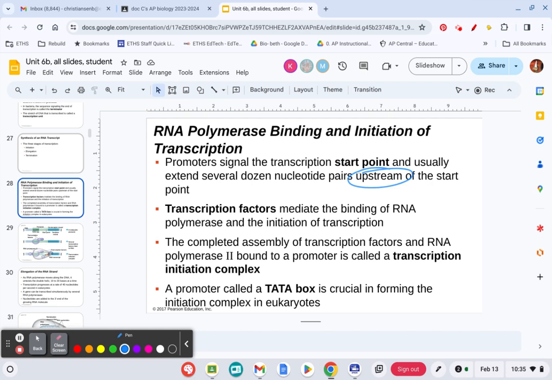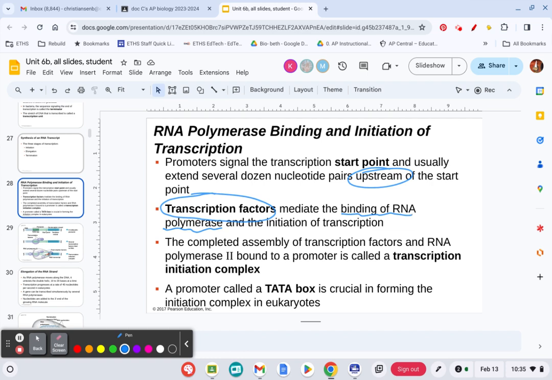It's just a term that is commonly used. There are also these things called transcription factors that are either necessary or helpful, depending on the situation, to allow the RNA polymerase to bind. You can kind of think of it as they build a little scaffold, a structure that allows the RNA polymerase to attach and not fall off of the DNA.